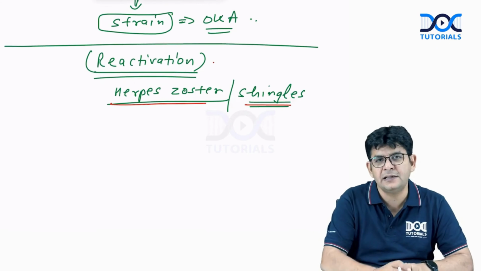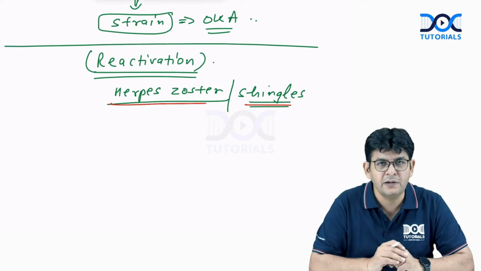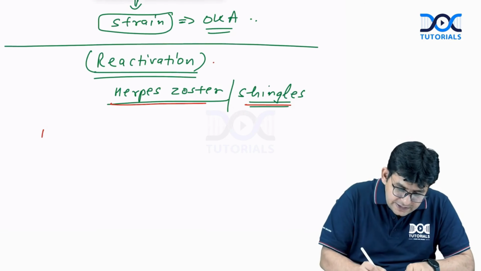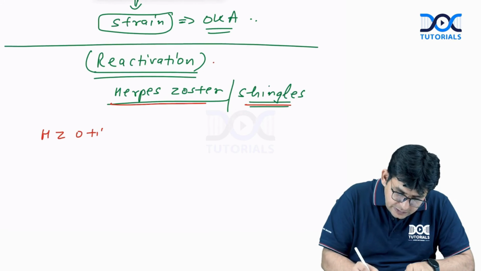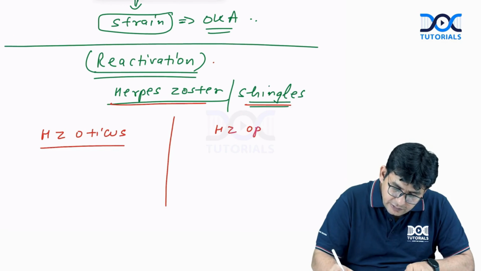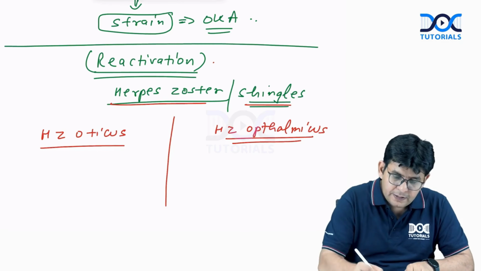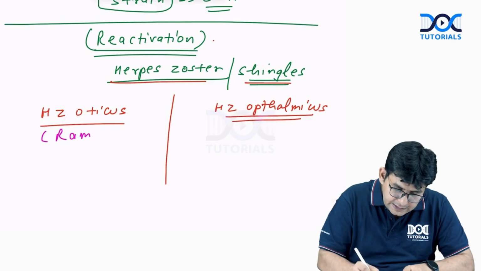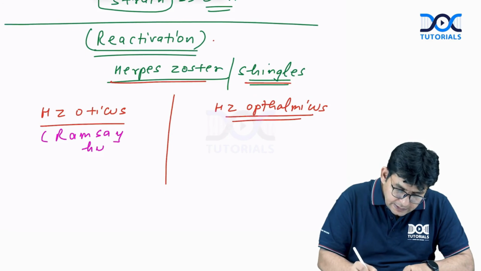Remember like this: after a love breakdown affair, you have got single. So that is shingles. Fine. There are two types, mainly: herpes zoster oticus and herpes zoster ophthalmicus. Herpes zoster oticus is also termed Ramsay-Hunt syndrome.